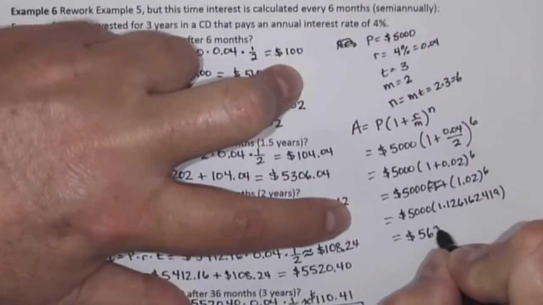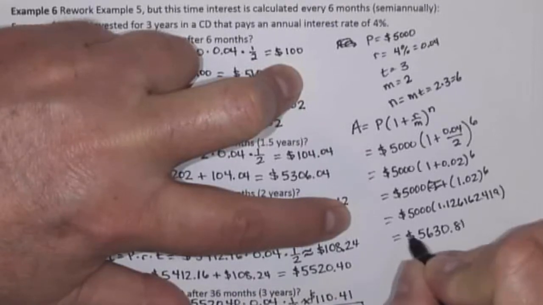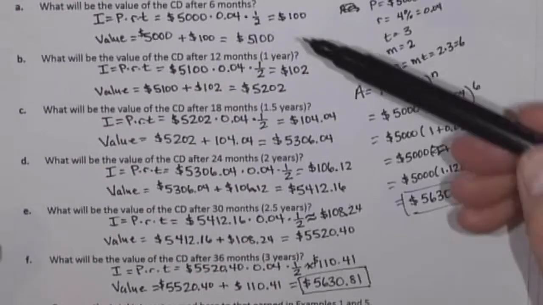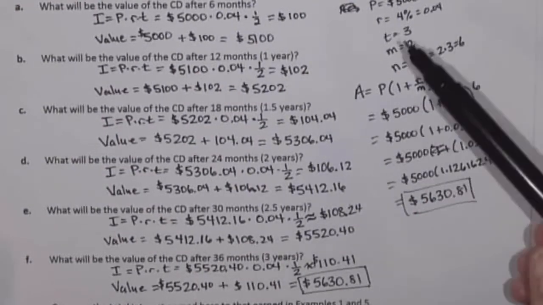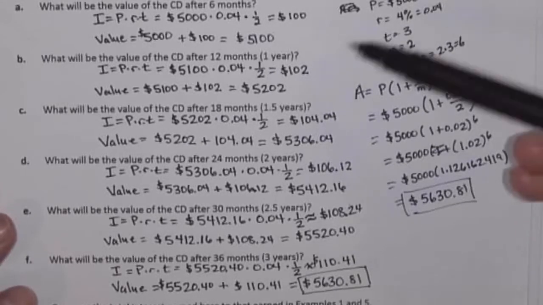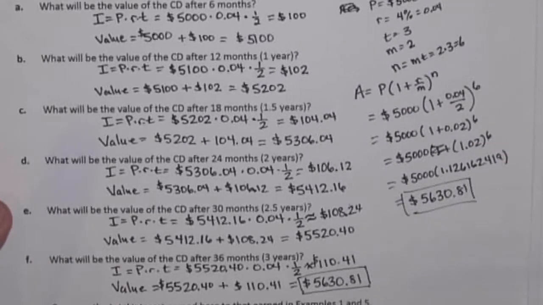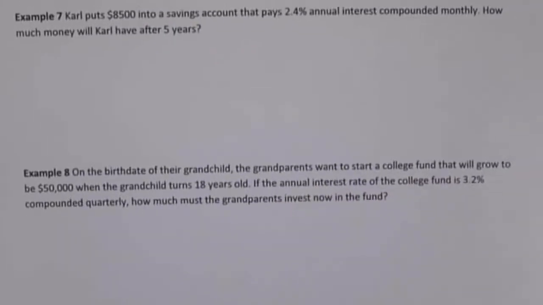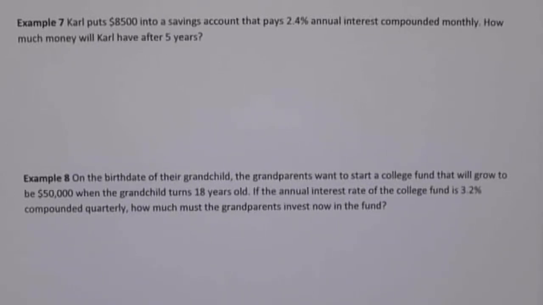So $5,630.81, which is the same answer we obtained after going through this process. So again, the beauty of our compound interest formula is it's going to let us jump to the amount, the future value after the time period of t years. So now let's take a look at example 7.